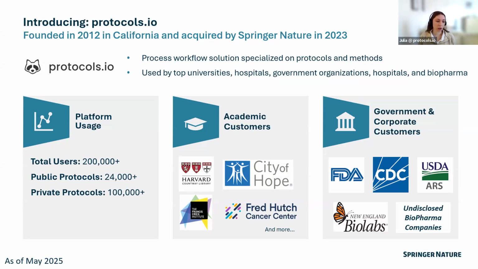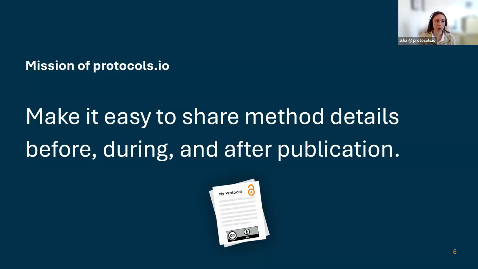We have over 200,000 registered users on the platform, as well as public and private protocols. And really the mission of protocols.io is to make it easy to share method details before, during, and after publication.